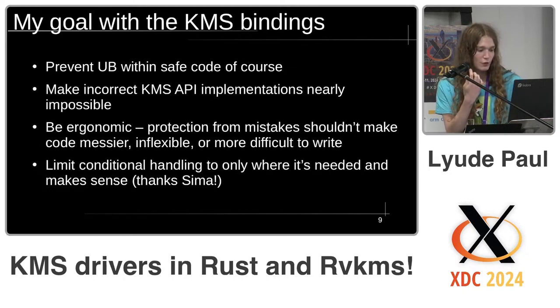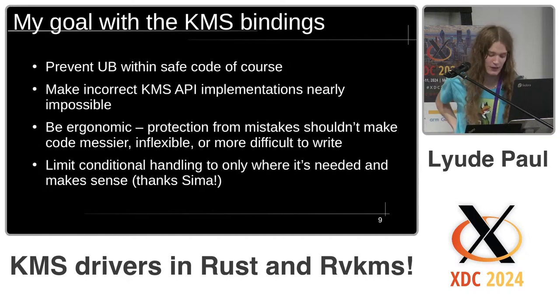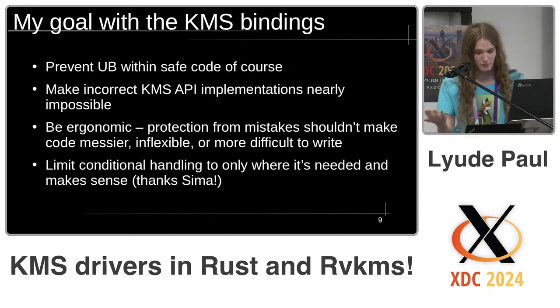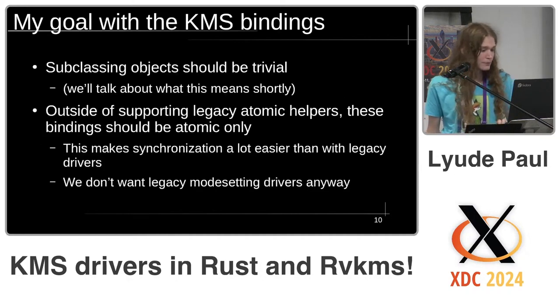We want to make sure we protect from mistakes, but we don't want to make code messier, inflexible, or more difficult to write. And also, one of the things that was brought up by Sima is trying to make sure we limit conditional handling only where it's needed and only where it really makes sense, since that's a big part of the ergonomic issue.